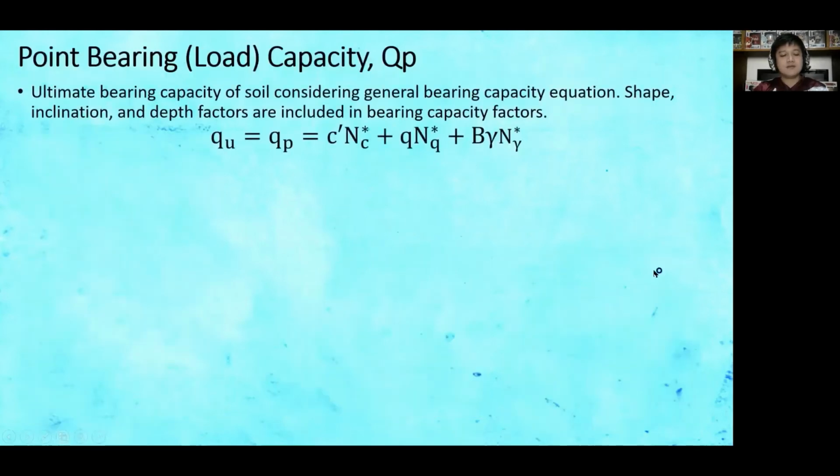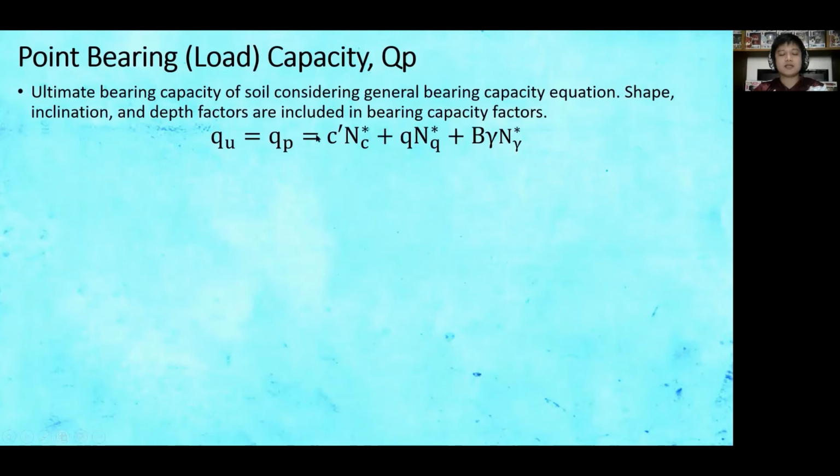So let's have now the overview of the components of our ultimate capacity. First is the point bearing load capacity, capital Q sub P. This is the ultimate bearing capacity of soil considering the general bearing capacity equation. Shape, inclination, and depth factors are included in the bearing capacity factors.